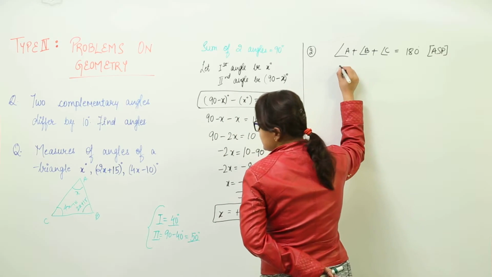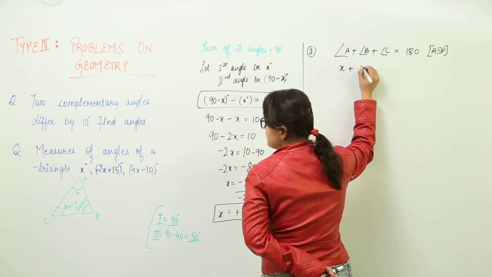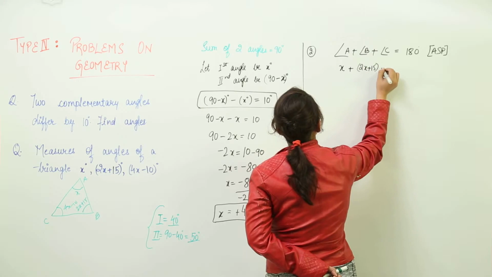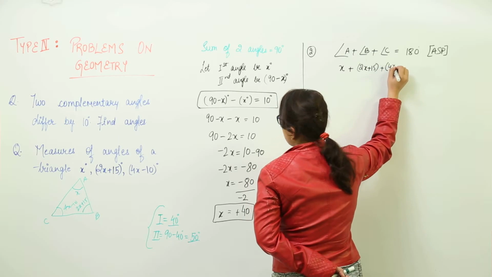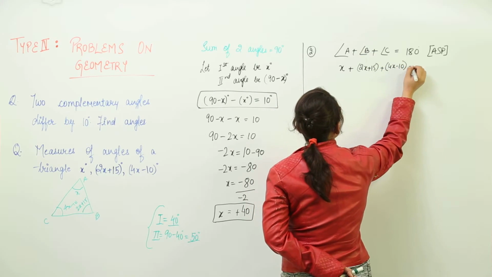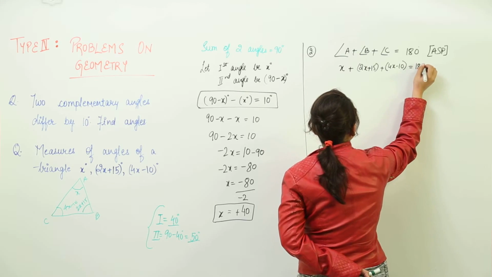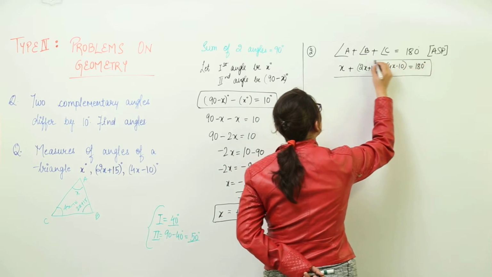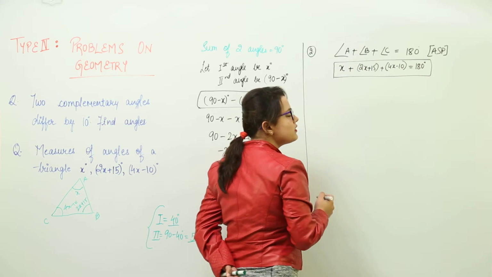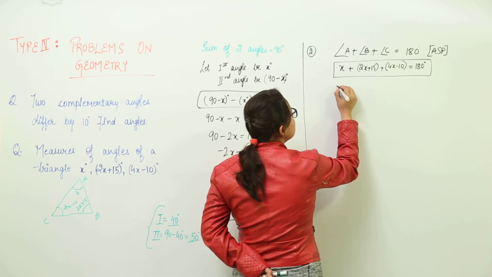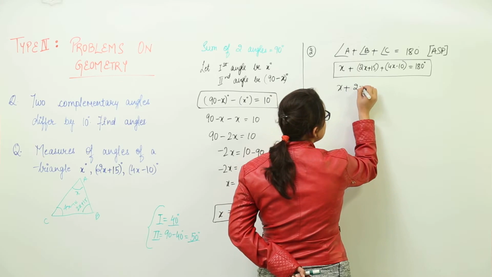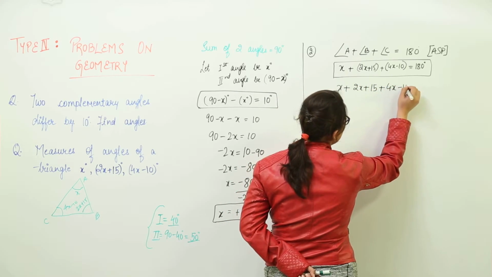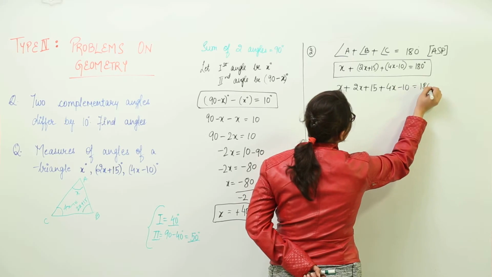Angle A is x, angle B is 2x plus 15 and angle C is 4x minus 10. All this adds up to 180 degrees. This is a linear equation formed, and we are simply going to solve it.